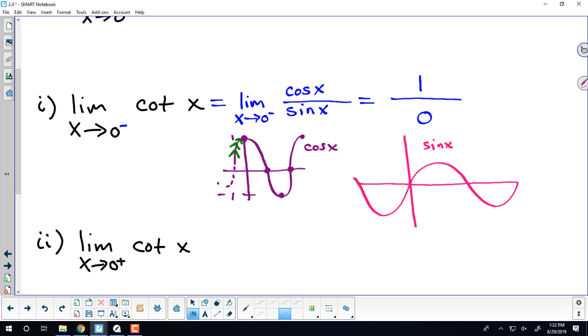So here's sine x. And as we approach 0 from the left, we see that the sine function approaches 0, but all of these values that we're approaching 0 through are negative. So what is this limit then? Negative infinity. Numerator's fixed, denominator's getting smaller and smaller. That gives us our infinity. The fact that we have a positive over a negative gives us a negative here.